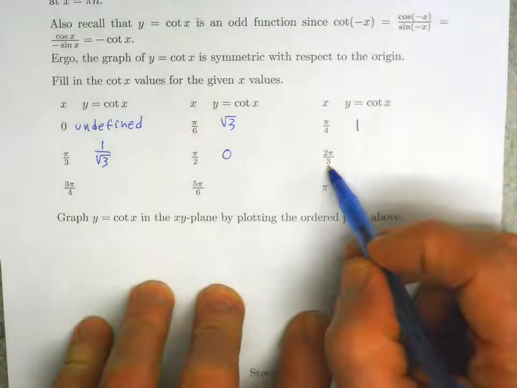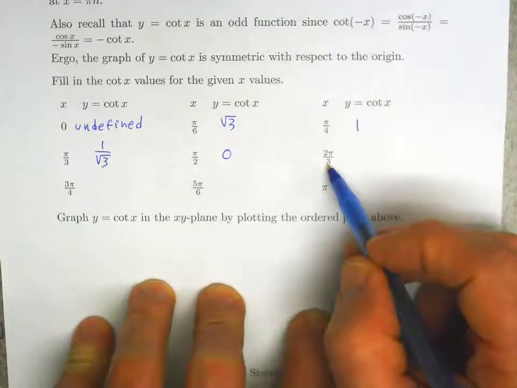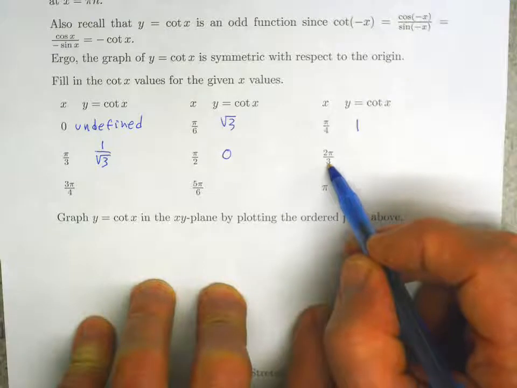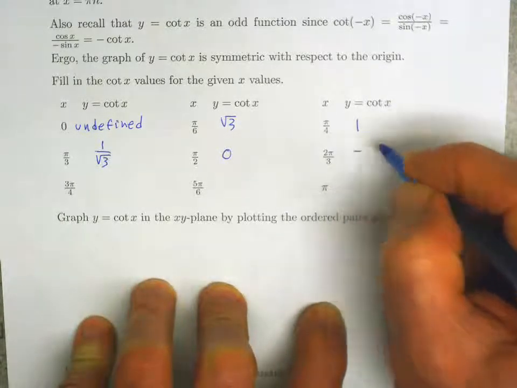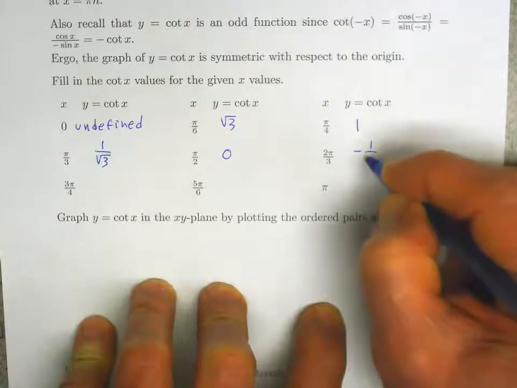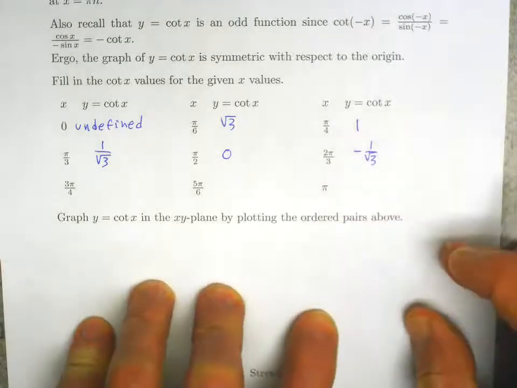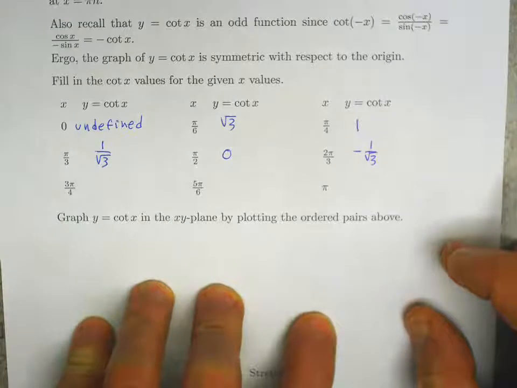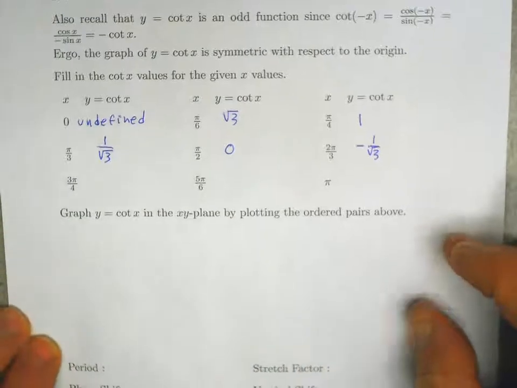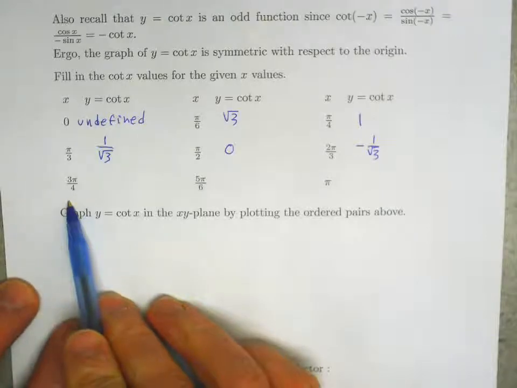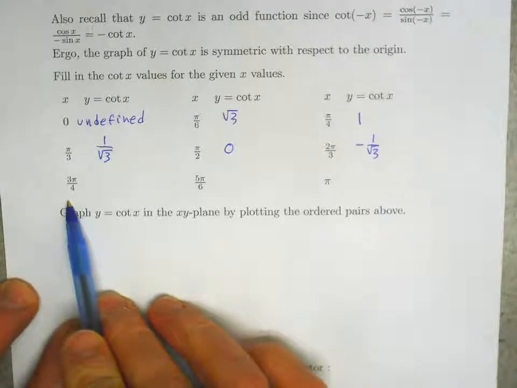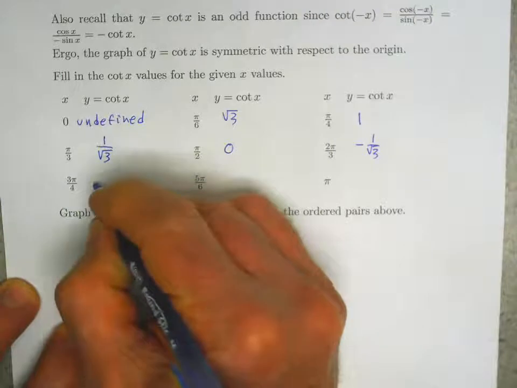And then for x equals 2 pi over 3, this is in the second quadrant, so cotangent is negative. And it's negative 1 over the square root of 3. At 3 pi over 4, this is also in the second quadrant. So cotangent of 3 pi over 4 is negative 1.